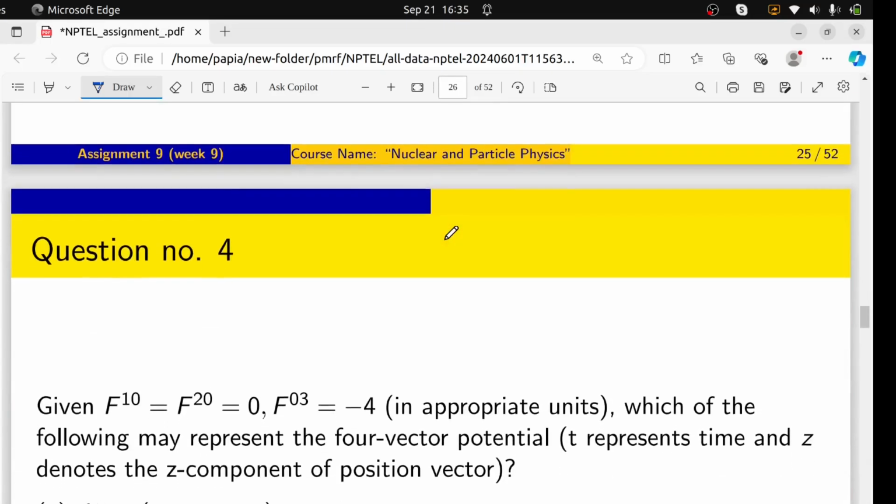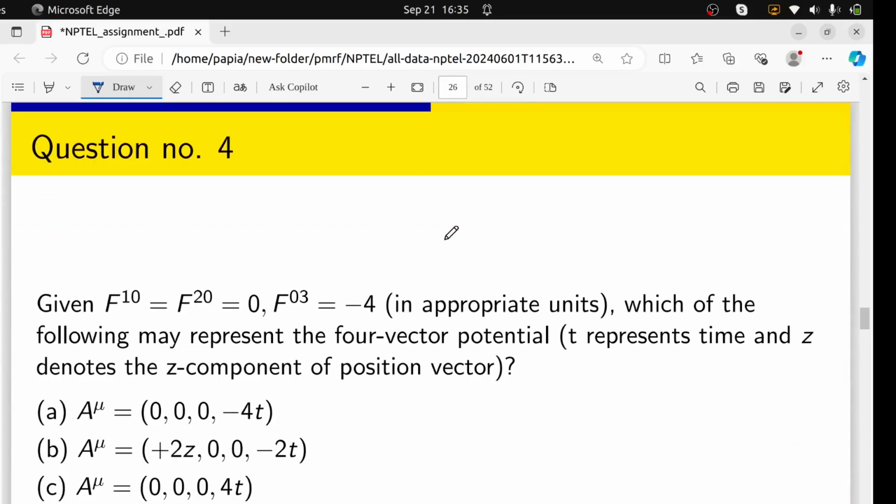So yes, here F10 is 0, F20 is 0, F03 is minus 4 in appropriate units. So obviously we will not take care about the units right now. Which of the following may represent the 4 vector potential? T represents time and Z represents the Z component of position vector.